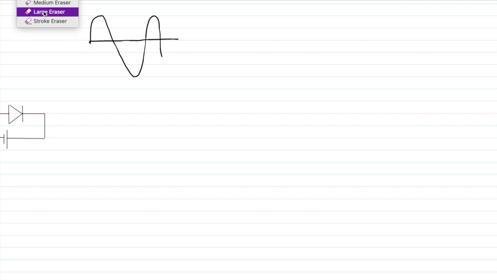Say this is the given input signal. I'll consider a sine wave. You can also consider a triangle or rectangle. So this is the sine wave.